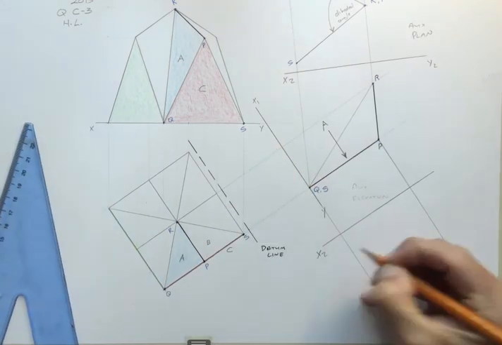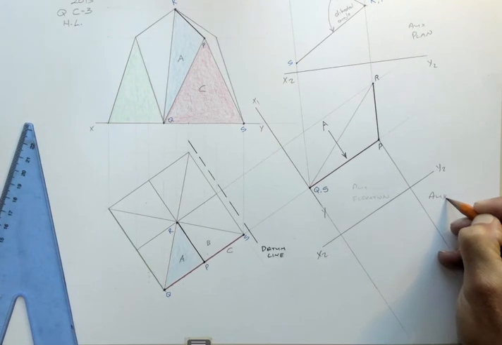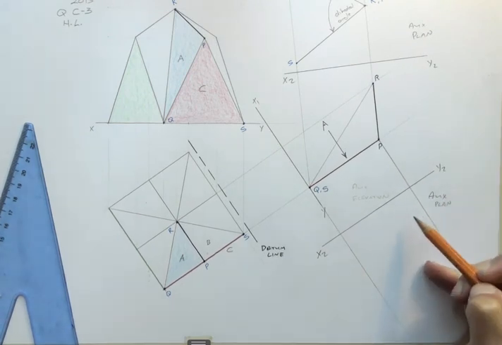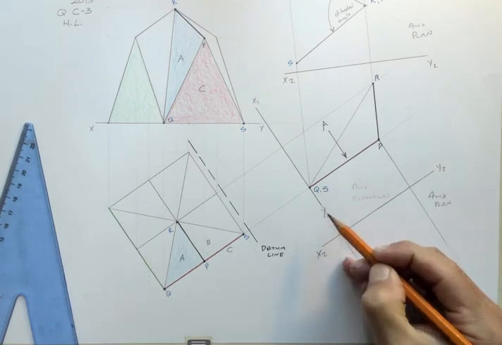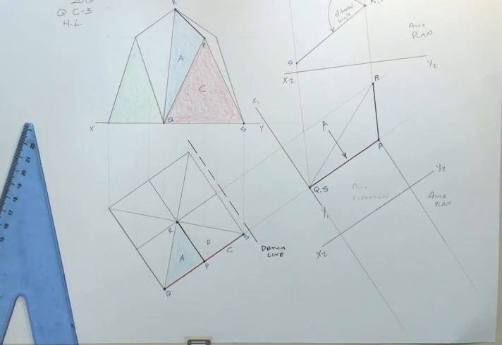It's our X2, Y2. This again straight away is another auxiliary plane. Measurements have to be taken from plan. Measurements have to be taken from the previous XY line, which is our X1, Y1. We've already set up this datum line. So for me to find the true shape, it's pretty quick.